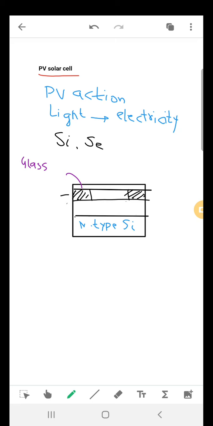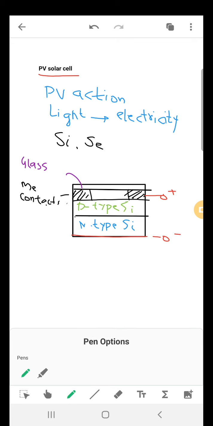These are the metal contacts, and this is P-type silicon. You make the connections such that this is connected to the positive side, and this one is connected to the negative side.